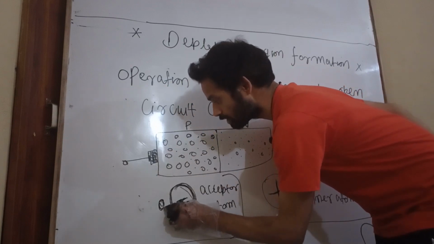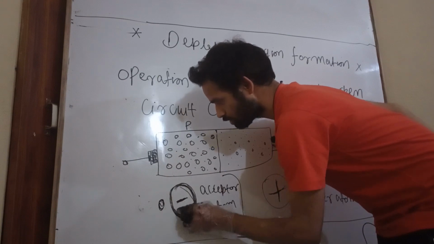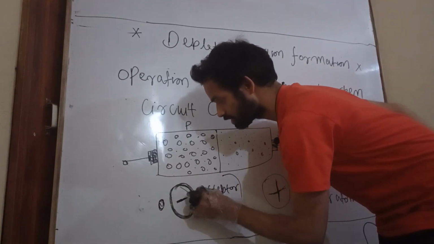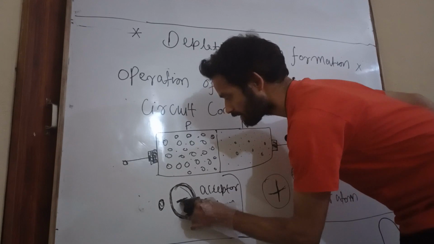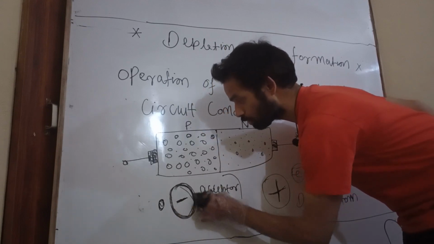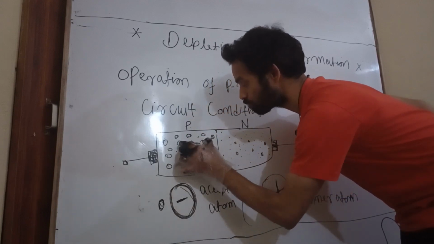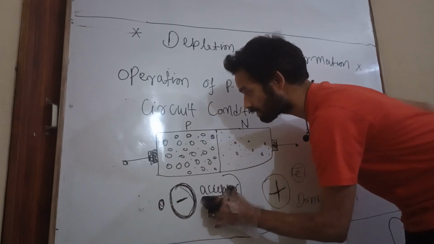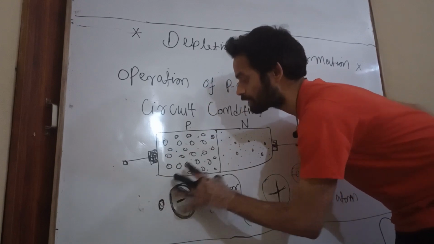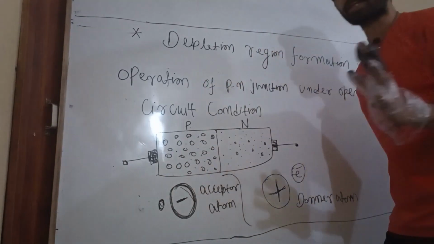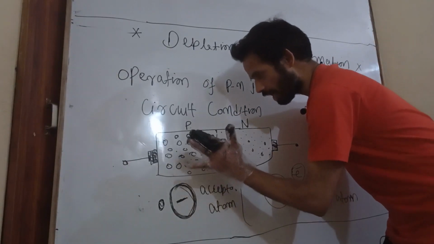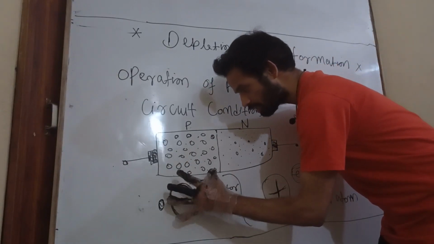So every hole will get neutralized by an equal amount of bound negative charge associated with an acceptor atom.